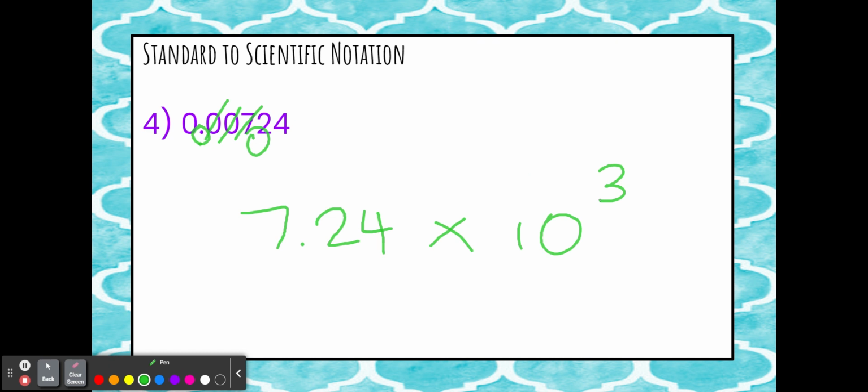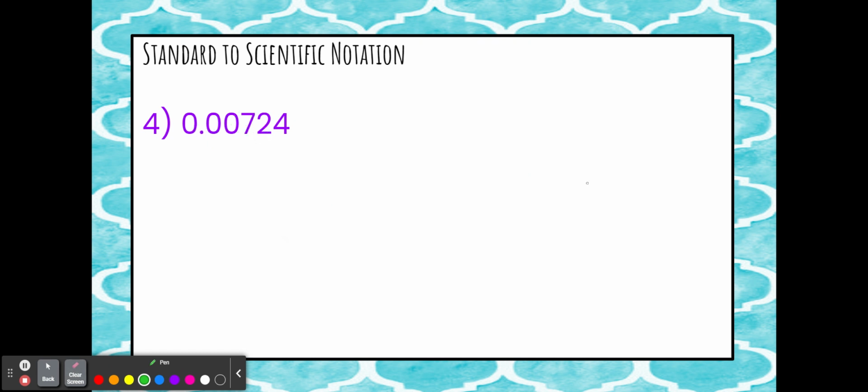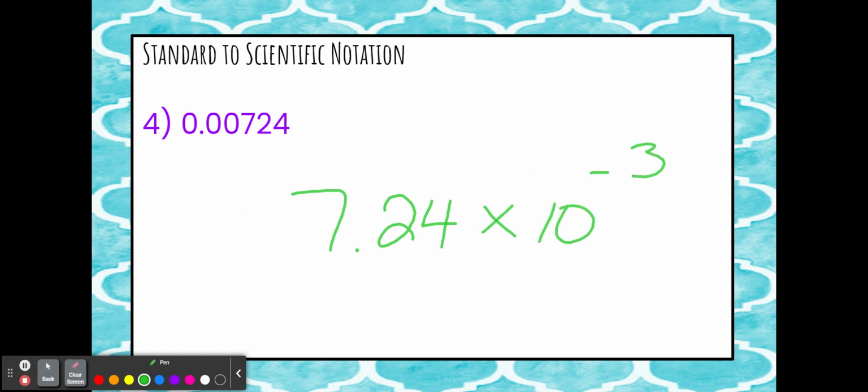That number is less than 1, so it's negative 3. So 7.24 times 10 to the power of negative 3. Again, it needs to be 1, 2, 3 decimal places.